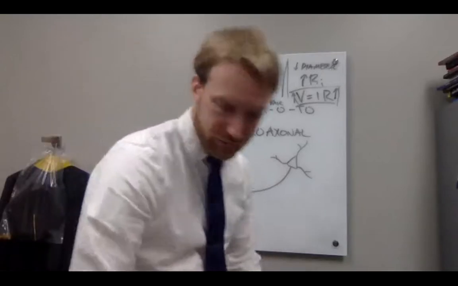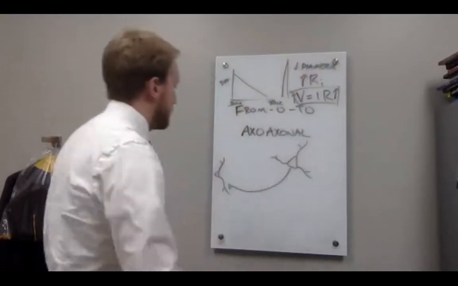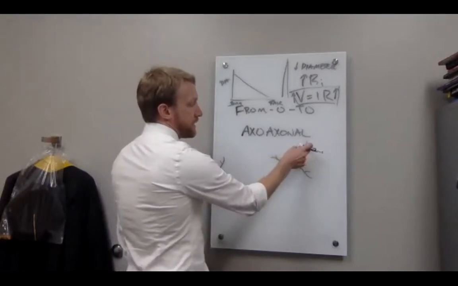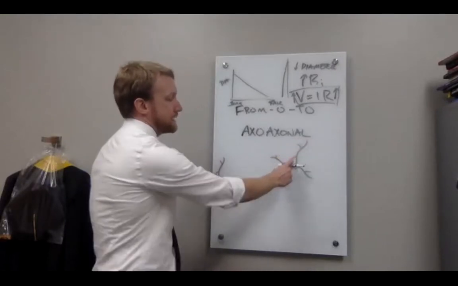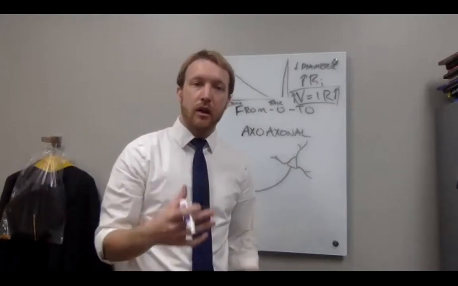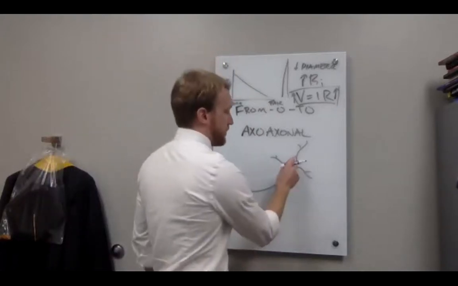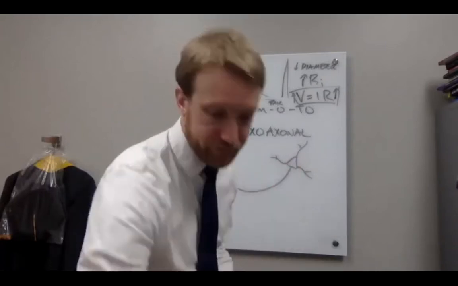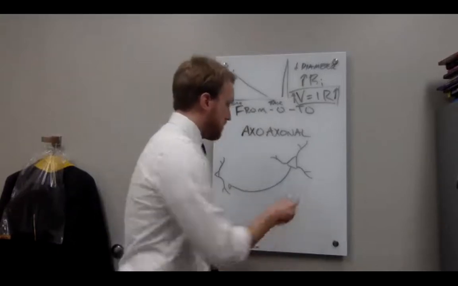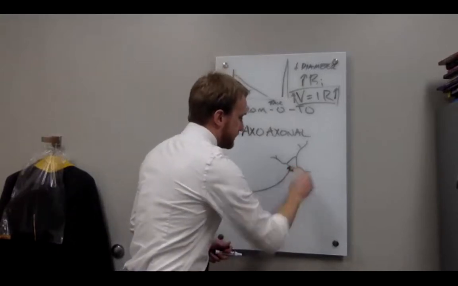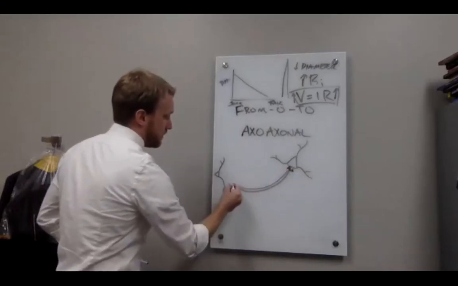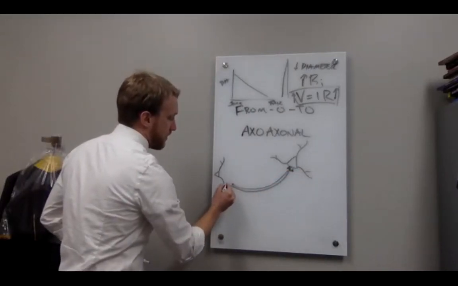So let's get a new neuron up here. The axodendritic and axosomatic synapses are going to change the membrane potential, and they're going to determine whether or not this neuron fires an action potential. So when we fire our action potential, that's going to travel down, and we're going to spit out neurotransmitters.